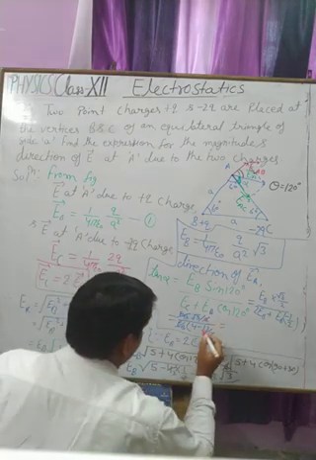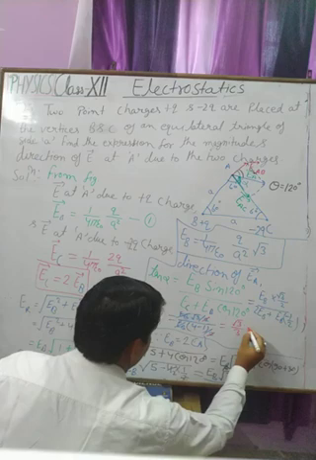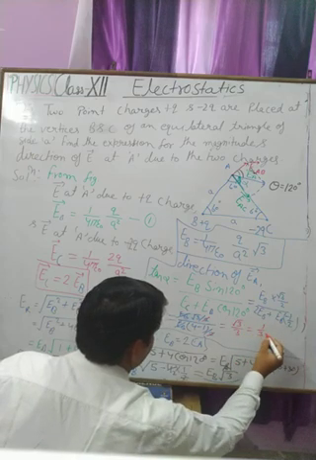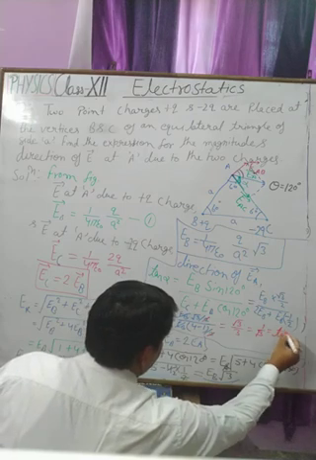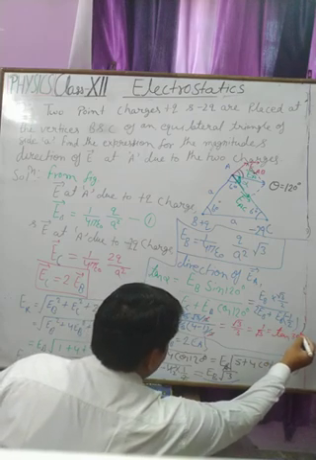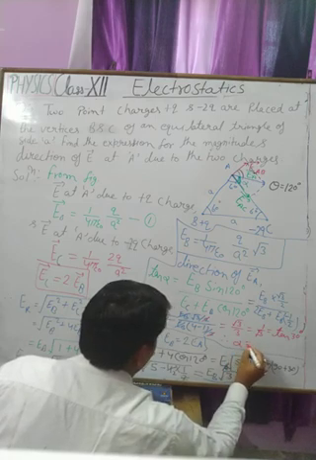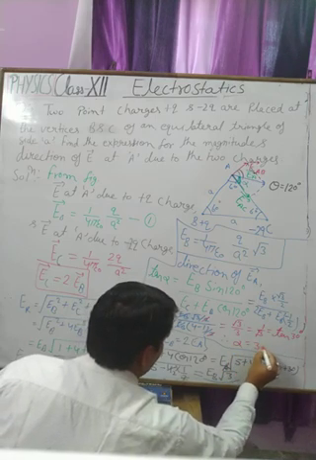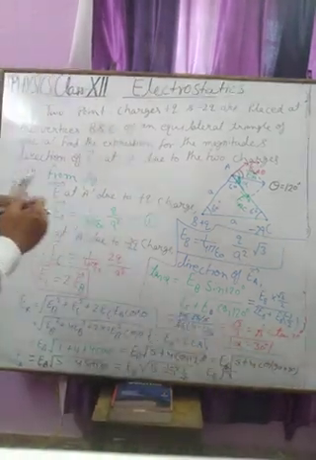So we get root 3 by 3, which becomes 1 by root 3, and this is tan 30 degree. Therefore the direction of the electric field is at 30 degree from the projection.